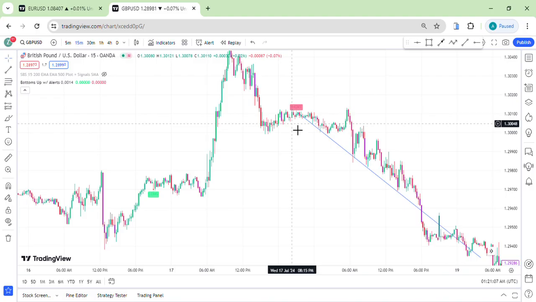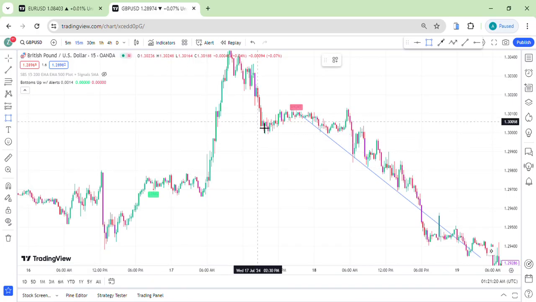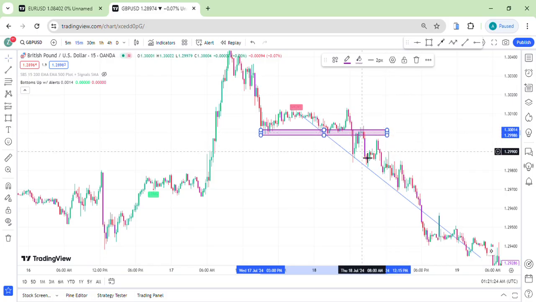So now, for you to confirm when to go short or when to go long, you want to wait for price to break the support low, and pull back.